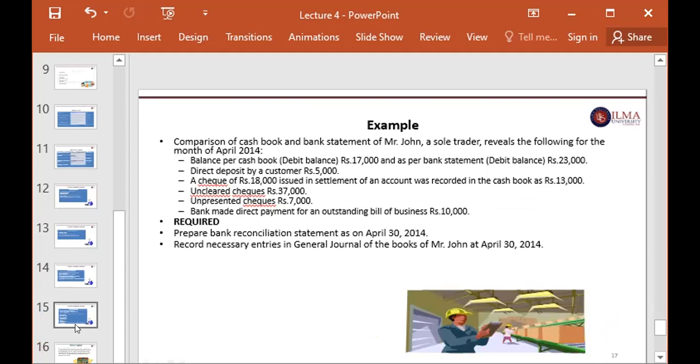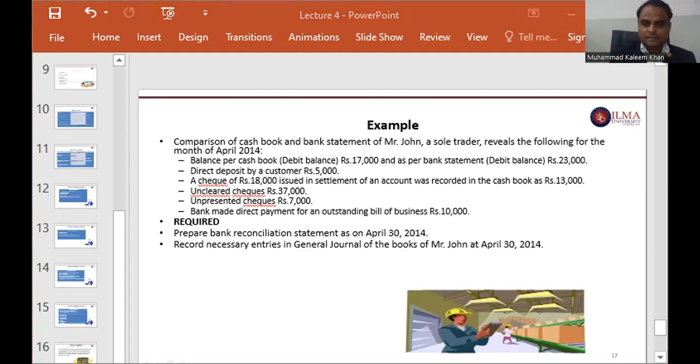Have a look at the example. Comparison of the cash book and bank statement of Mr. John, a sole trader, reveals the following for the month of April 2014. Balance as per cash book, debit balance meaning positive balance, rupees 17,000, and balance as per bank statement, debit balance meaning negative balance, 23,000.